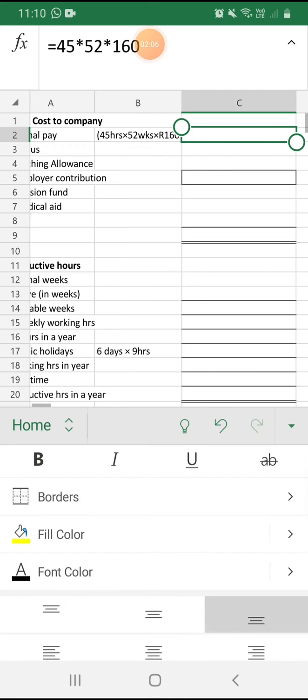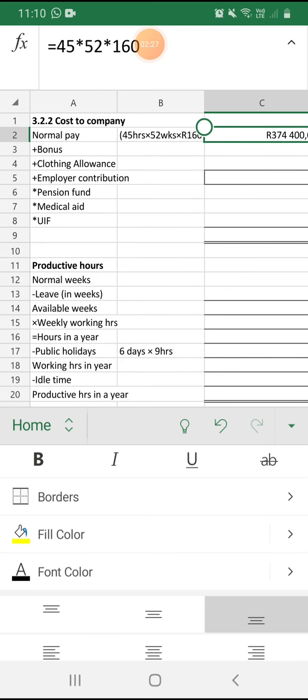It was the 45 hours that they work in a week multiplied by 52 weeks in a year multiplied by 160 Rand, which is the rate that they are paid per hour. That'll give you a total of 374,400.